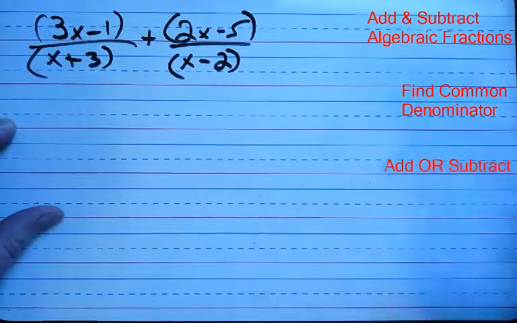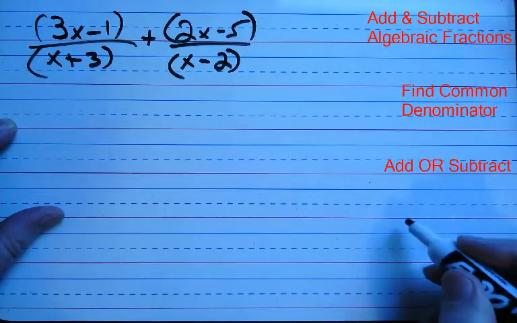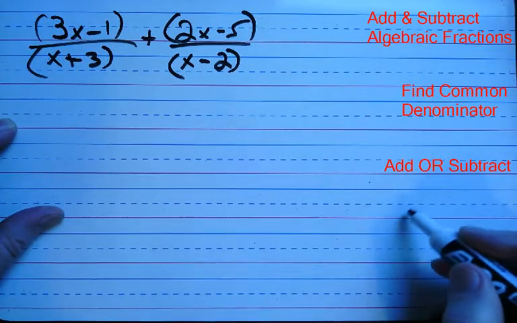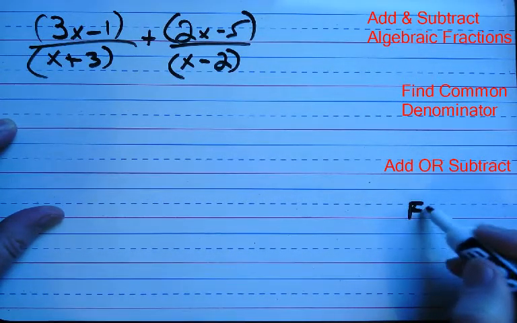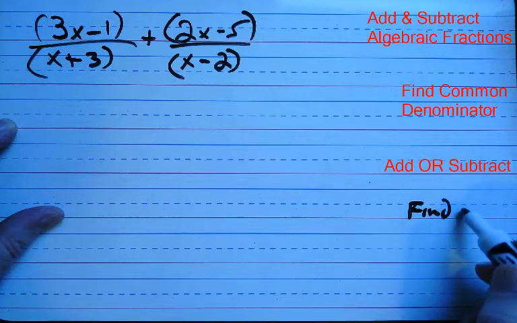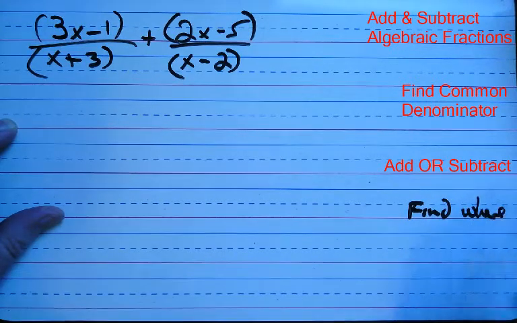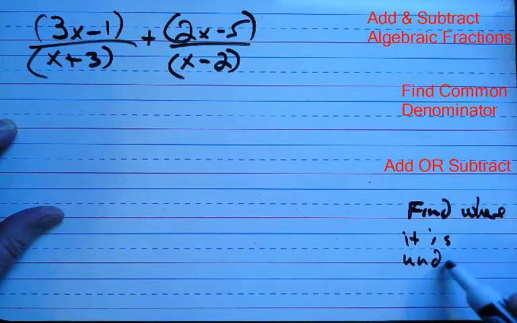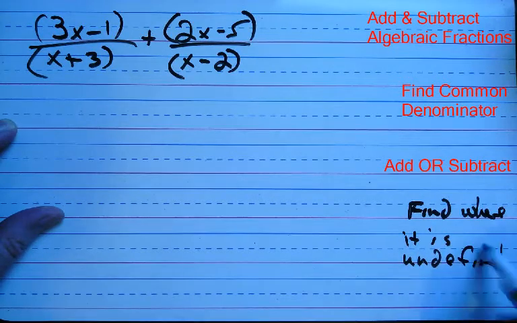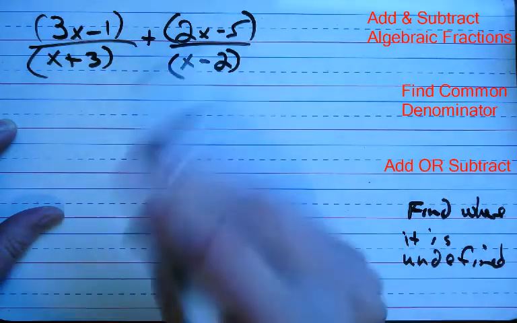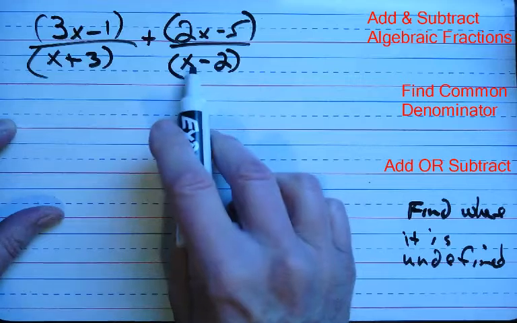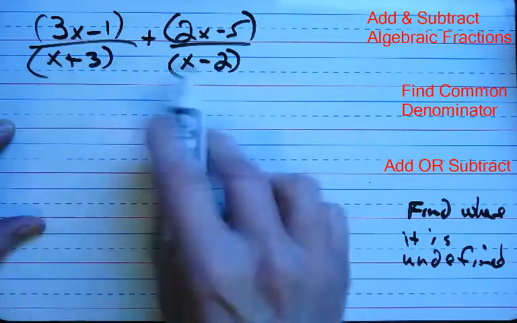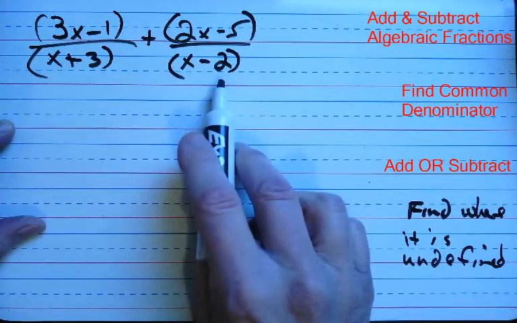Okay. Now, there's one other step here. Whoops, I forgot to write down. We have to find where it is undefined. Right? That's the step, and we can do that right away because the common denominator is these two multiplied together.